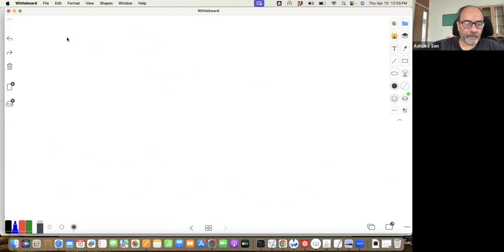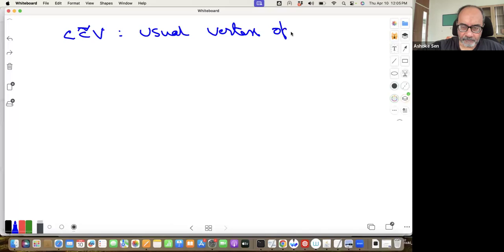So we had seen that one-point function. So you have to calculate. Suppose c bar V or c tilde V is the usual vertex operator on the disk.